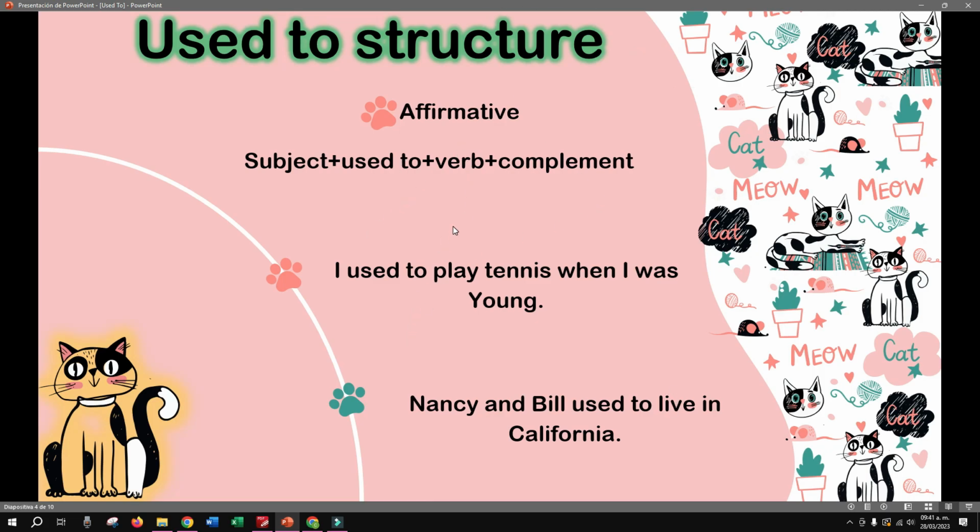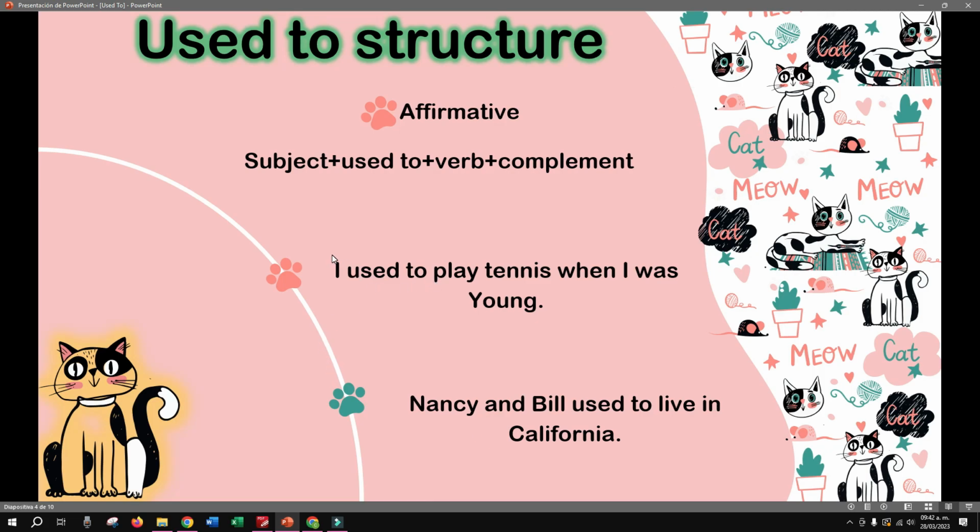That is something important, guys. You don't need to use the ed or write it with an s or something, right? No, you're going to use the verb in the base form, right? Then in California, that will be the complement for that one. So Nancy and Bill used to live in California.